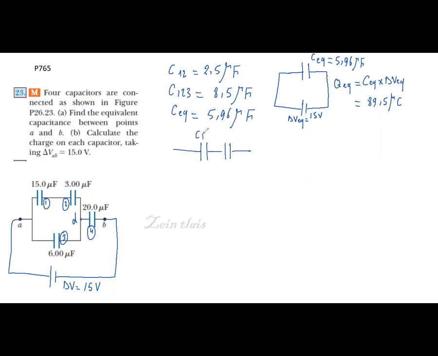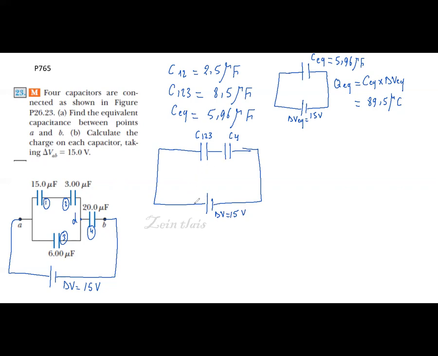C4 equals 20 microfarad. Delta V equivalent equals 15 volt.